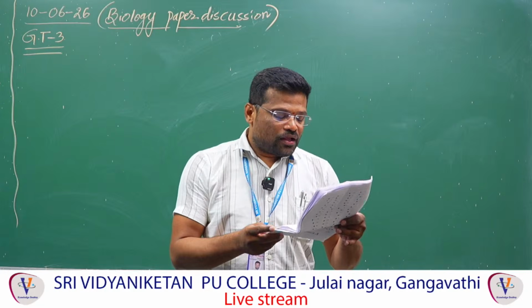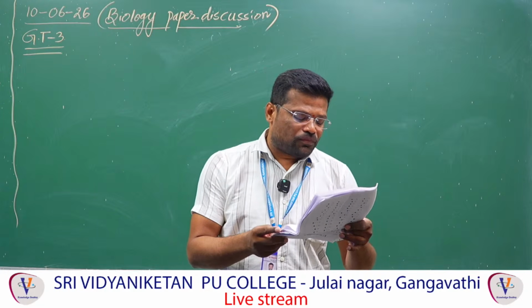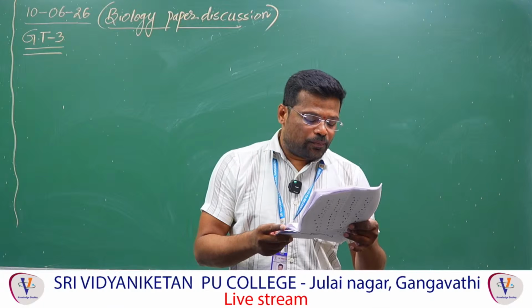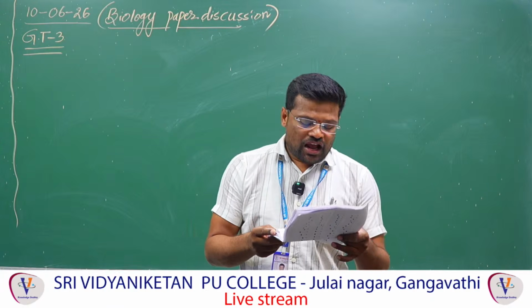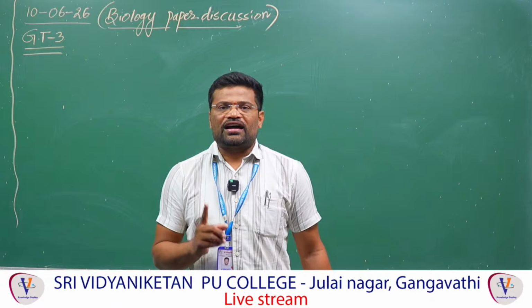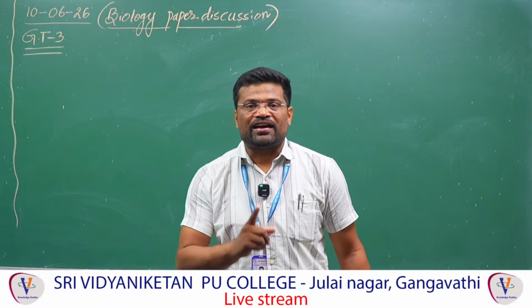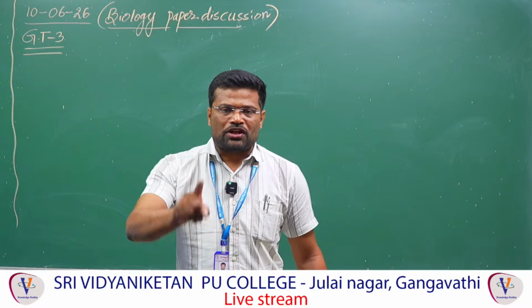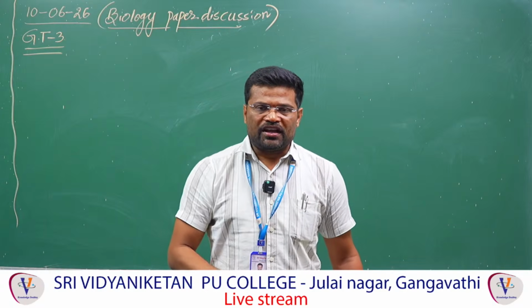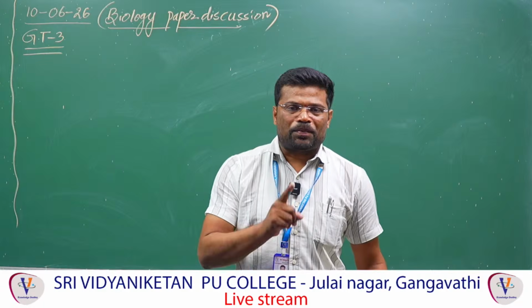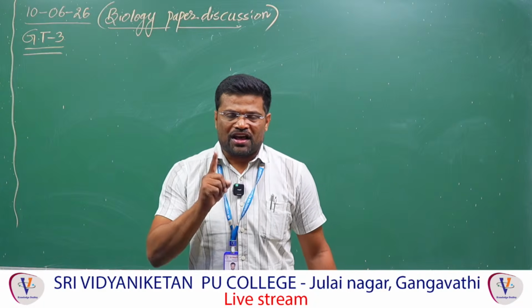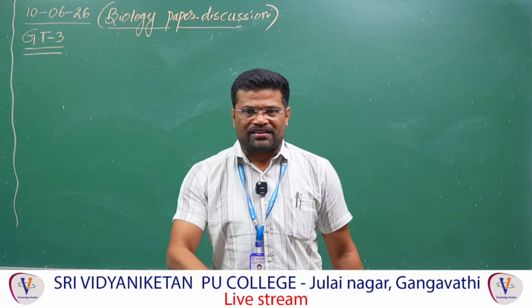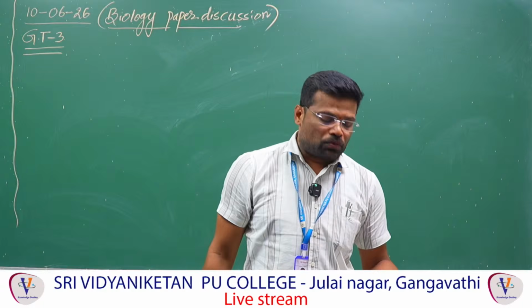So here Radula is the feature of Pila, A2. And B, jointed legs. Obviously Limulus. The common name of Limulus is king crab or living fossil. Limulus belongs to the phylum Arthropoda. Presence of jointed appendages is one of the basic fundamental characteristic features of phylum Arthropoda.